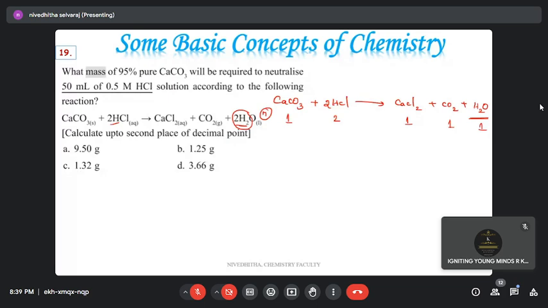Molarity can be written as mole per liter, which is equal to number of moles divided by volume, which is 50 ml. So you have to cross multiply these two. So number of moles is equal to 0.5 mole per liter into 50 milliliter, right? So liter and per liter will get cancelled out. So what is the number of moles?